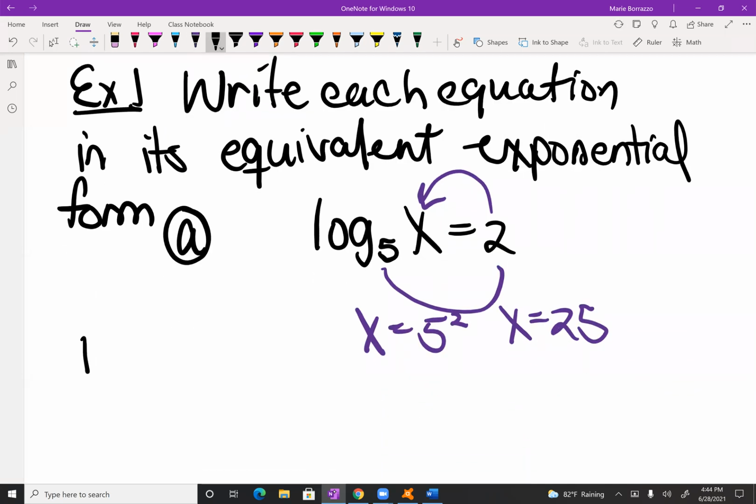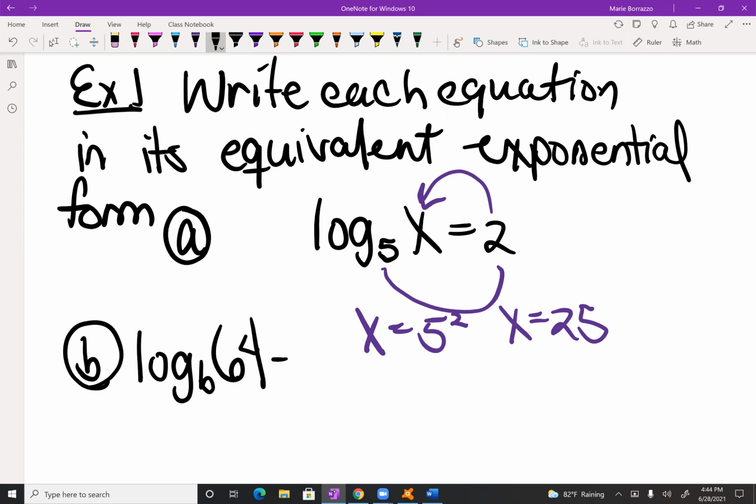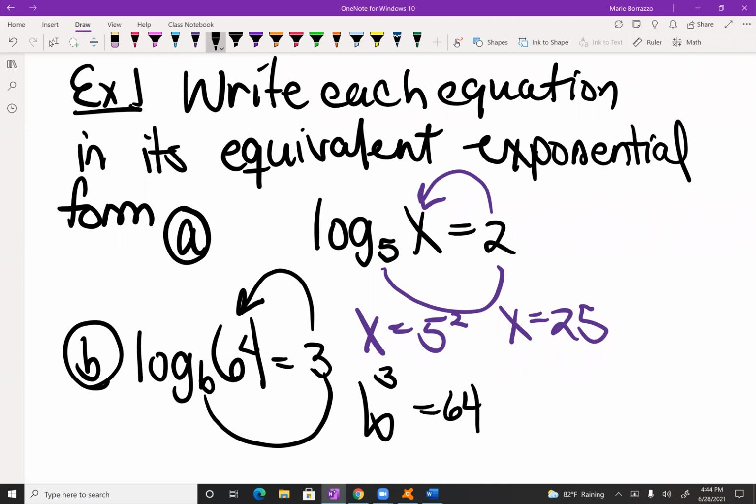Okay, example B, a kind of similar question. They give you log base b of 64 is equal to 3. So that means that the base raised to the third power is equal to 64. So some number b to the third power is 64.